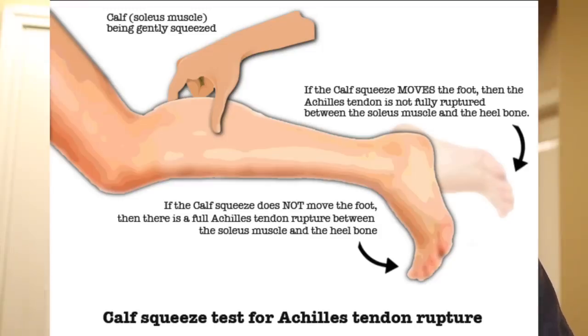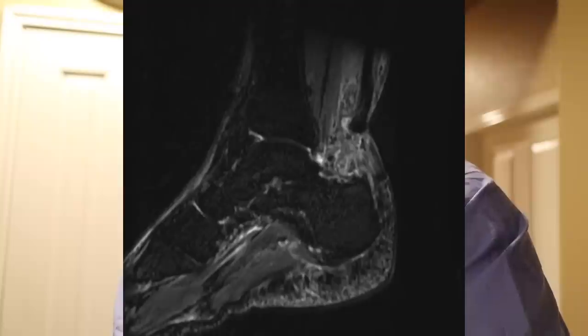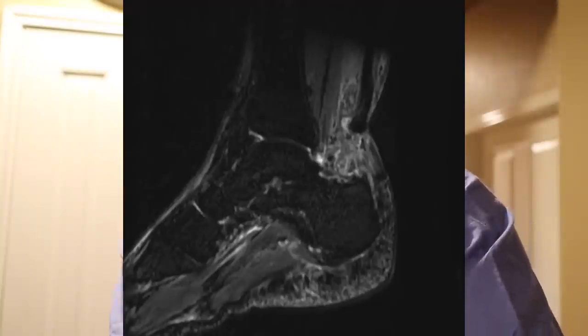This is indicative of an intact Achilles tendon. When there is a rupture of the Achilles tendon, you lose this plantar flexion of your foot, and it's called a positive Thompson's test. Usually you can get an ultrasound, or in this case, an MRI is going to be performed tomorrow, looking at the Achilles tendon and seeing if there's an injury or a rupture there.